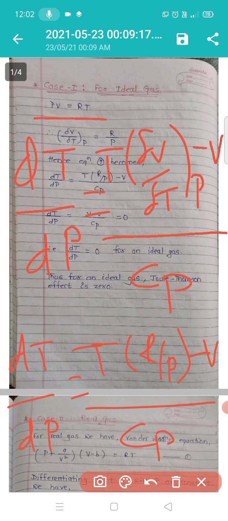Now see the ideal gas equation PV = RT. From that we get V = T × R/P.